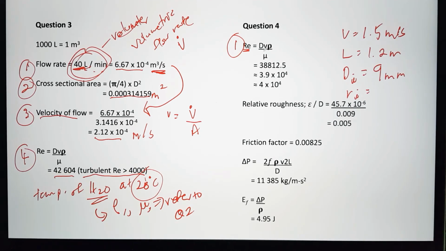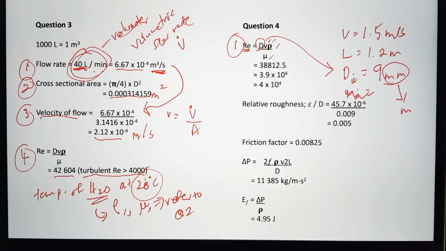The diameter value has been given to you, but of course the unit, millimeter, you need to convert to meter. You do not need to calculate for the RI. In dV rho over mu, V, rho, and mu have all been given to you.